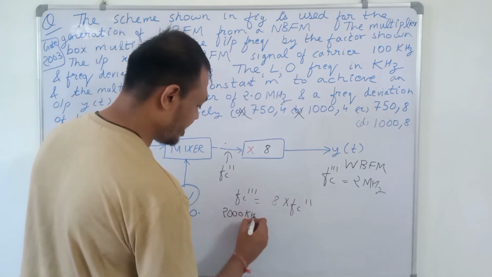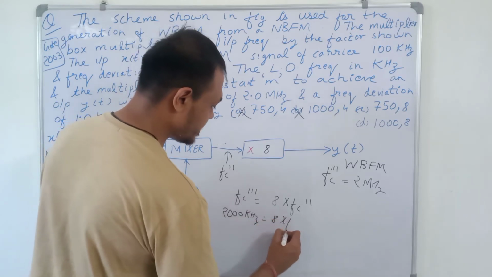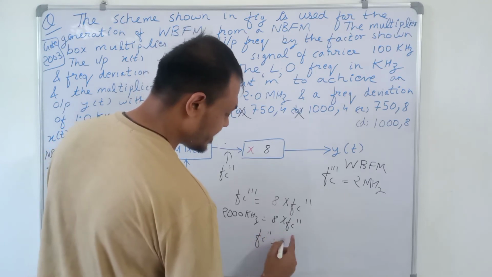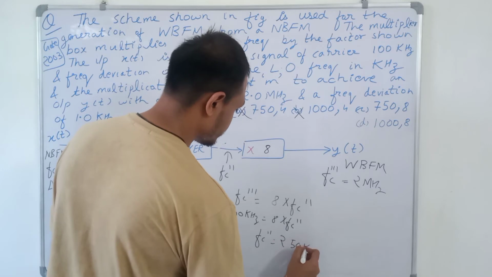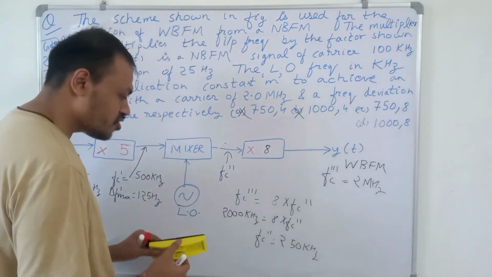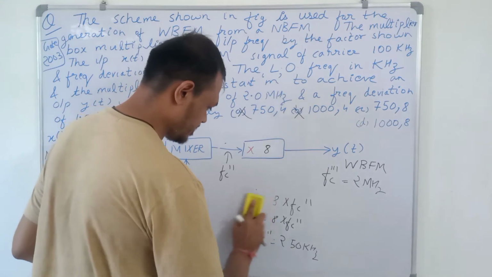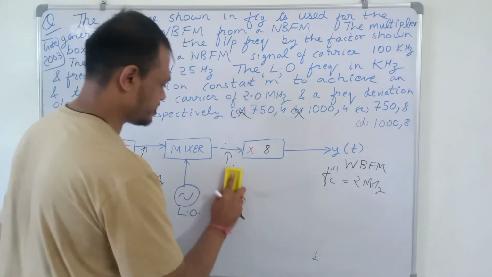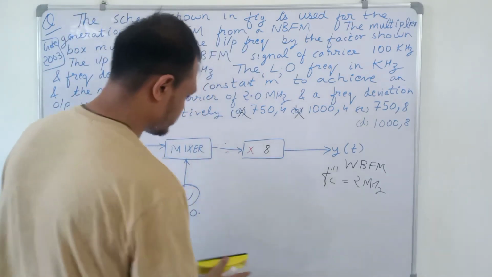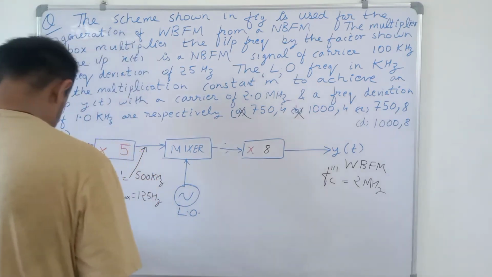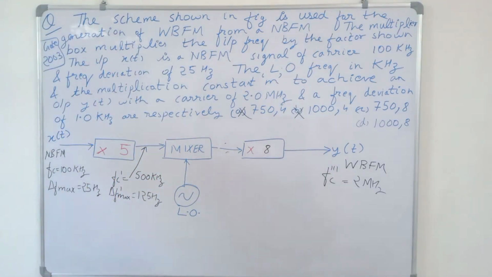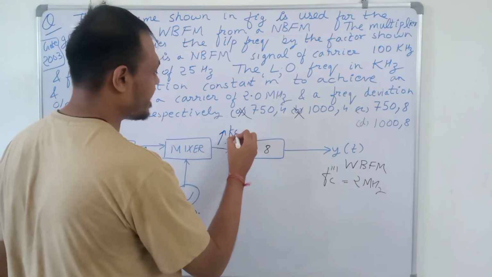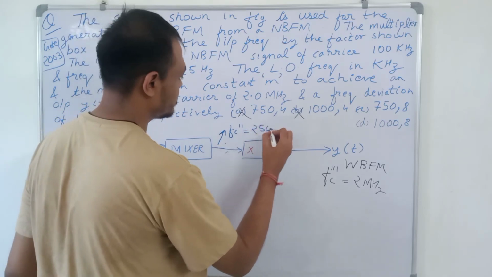So 2000 kilohertz is equal to 8 into fc double dash. So fc double dash will be equal to 250 kilohertz. So fc double dash we have found out to be 250 kilohertz.